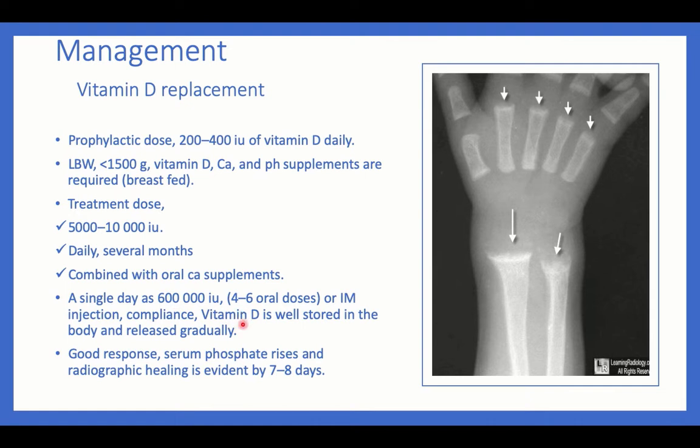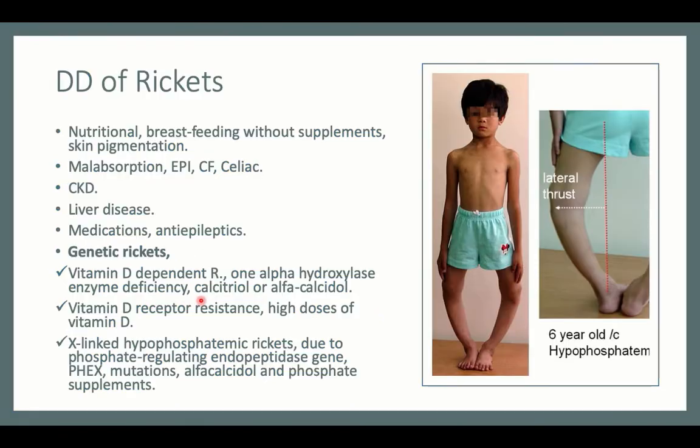Vitamin D is well stored in the body, so it will be released gradually even after giving this very large dose at short intervals, but there are some claims that these high doses may precipitate hypercalcemia and nephrocalcinosis. But with the issue of compliance, we may resort to this very high dose.